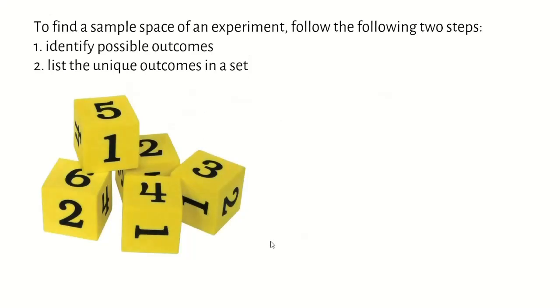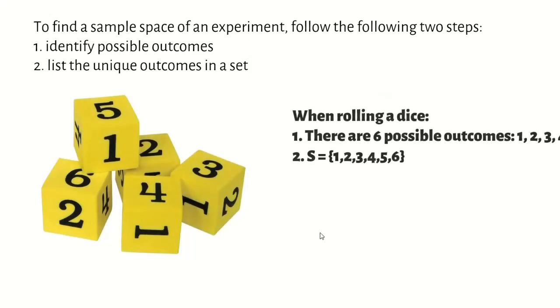Let's see another example. Consider the experiment of rolling a dice, a regular 6-sided dice. We have sides on which the numbers 1, 2, 3, 4, 5, or 6 are written.